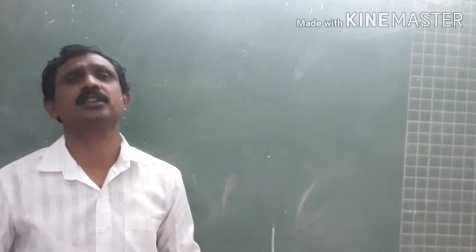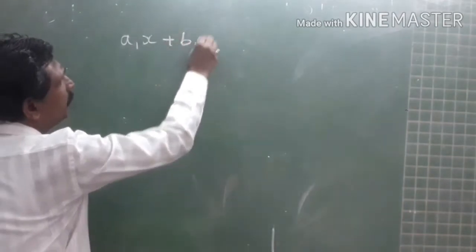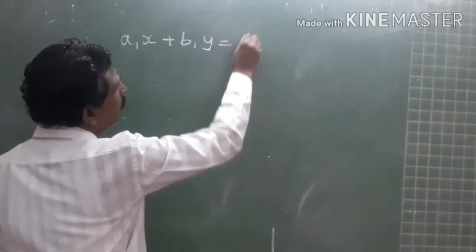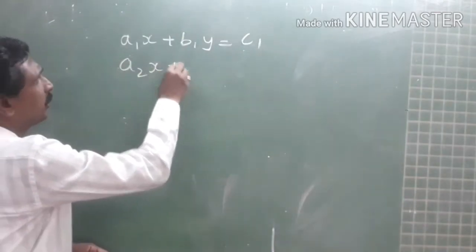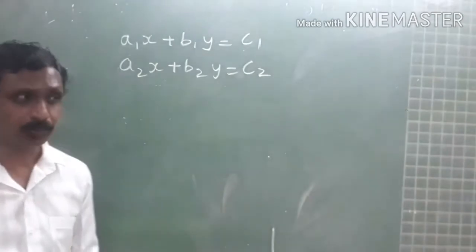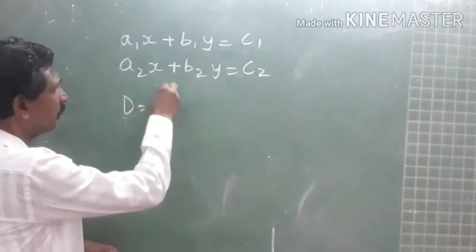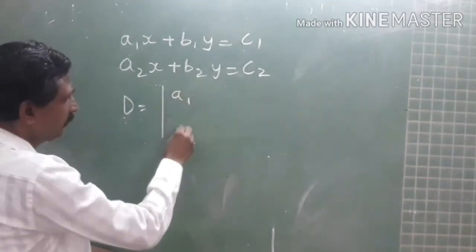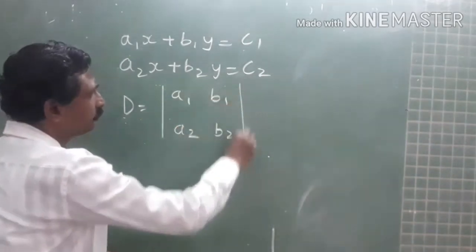To understand the Cramer's rule, let us study a few equations. The first equation, a1x plus b1y is equal to c1, a2x plus b2y is equal to c2. Now when we are finding the value of a determinant, D is equal to A1, A2, B1, B2.